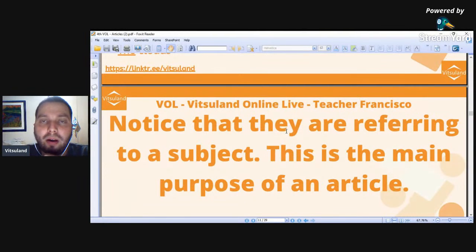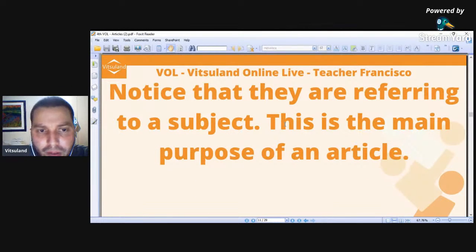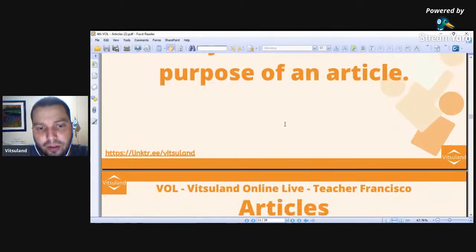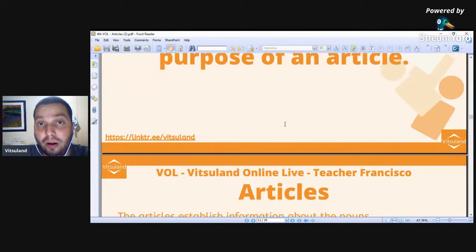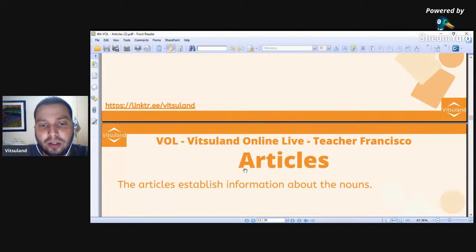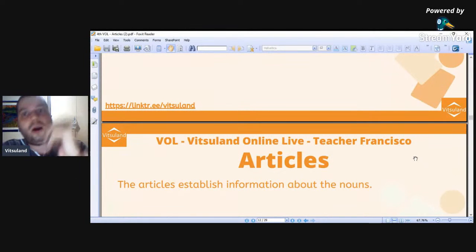We're going to talk about it in the future, and you're going to check it out. So this is the main purpose of an article, and today we're talking about articles. Articles establish information about the nouns. So imagine that you want to tell someone about something. You want to give some information. Depending on the information that you want to transmit to this person, you're going to use a specific article.